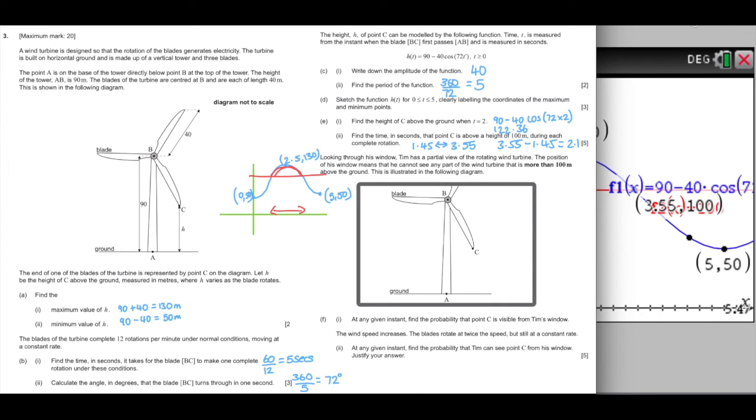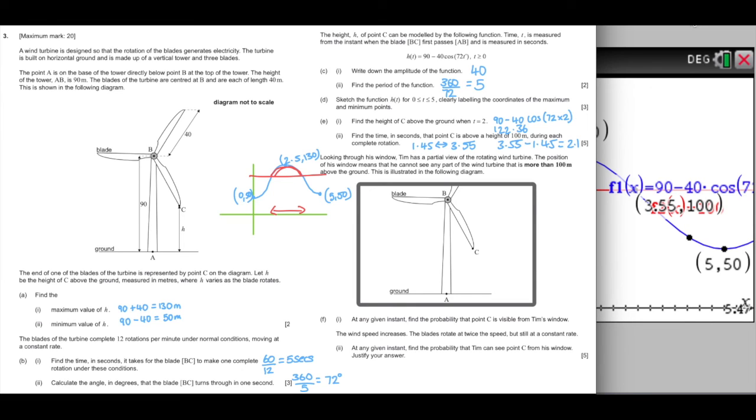And we're trying to find out at any given time the probability that point C is visible through the window. Well, this is leading on from part E. So we just found that for 2.1 seconds, it's above 100 meters.